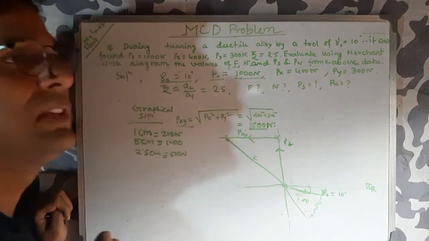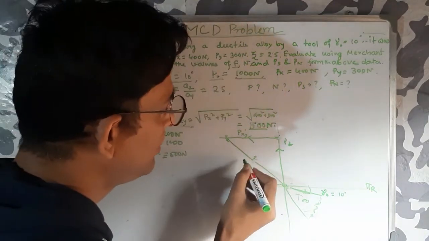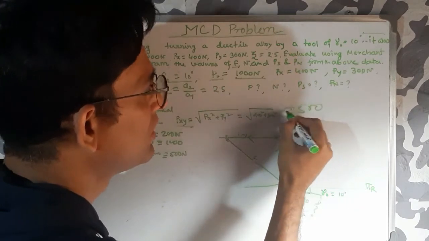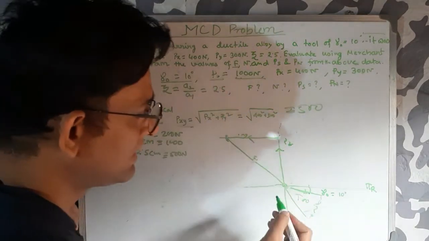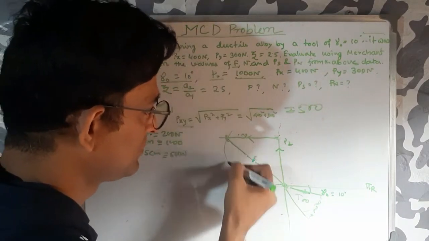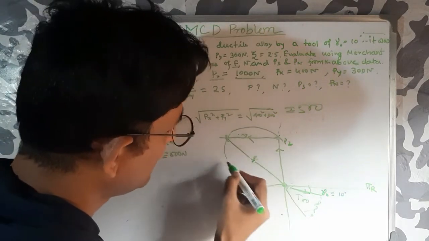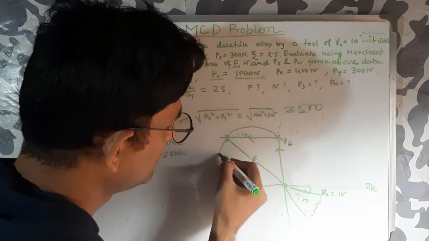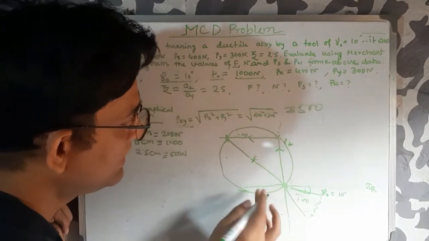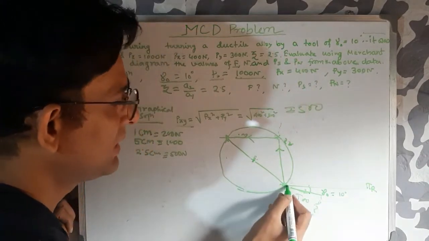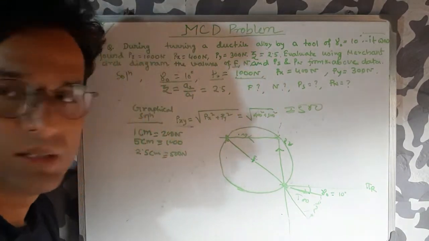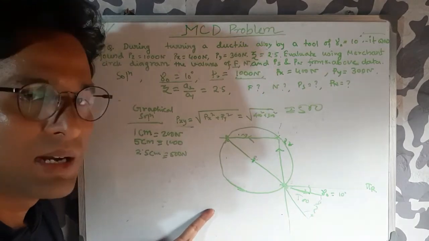Draw a circle with the help of pencil compass, and this point is the center. This circle is the Merchant circle diagram.